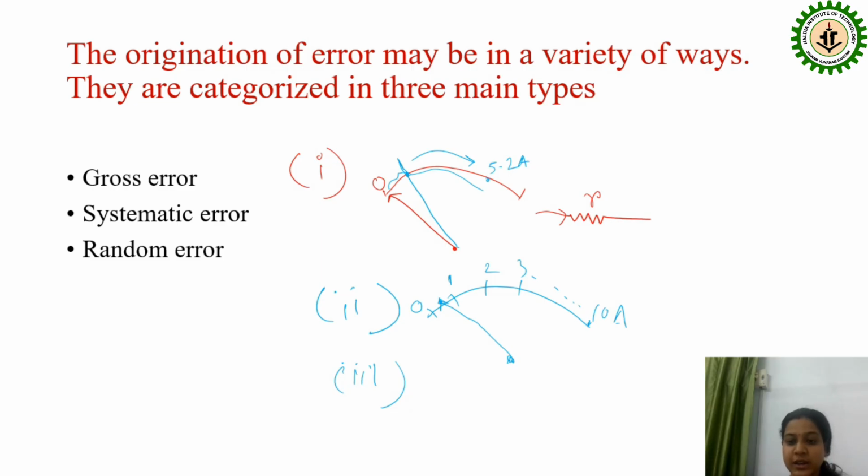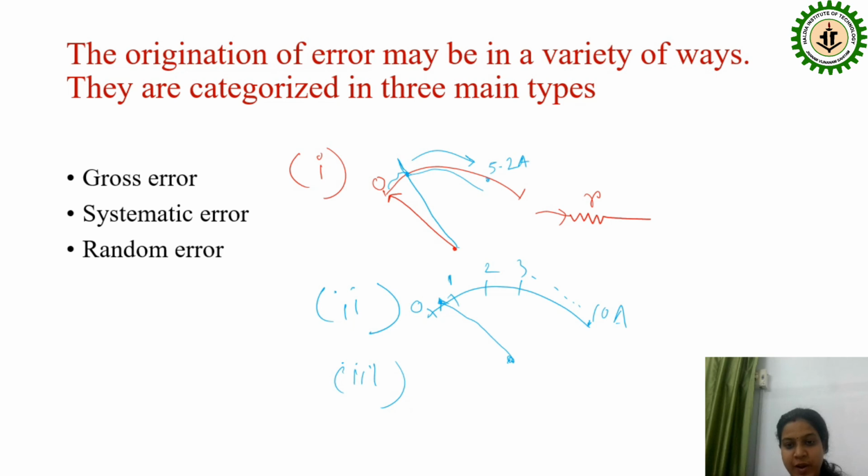And gross error is again classified into different categories. First one is due to the position of the pointer. Second one is the points between two scaling points where our pointer is deflecting on the calibrated scale.